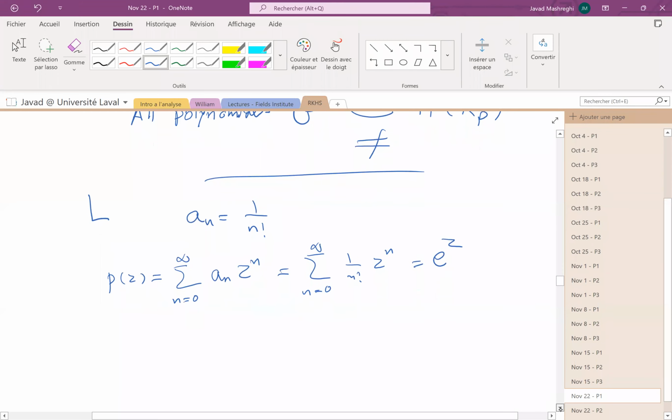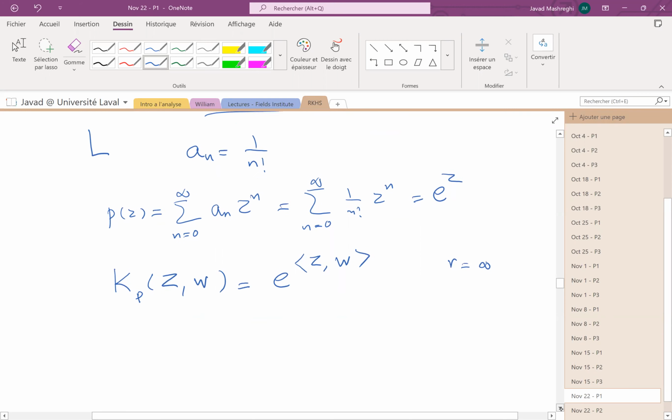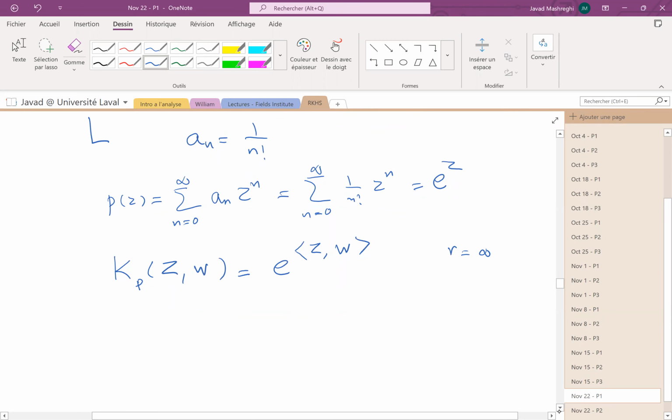And so your kernel here, K_P(Z, W), is just e to the inner product of Z and W. And that gives you a kernel, which we know is positive, and because R is equal to infinity, it gives this Segal-Bargmann space on L.